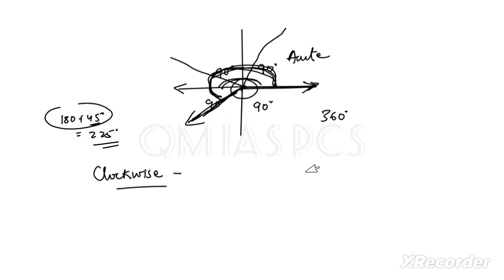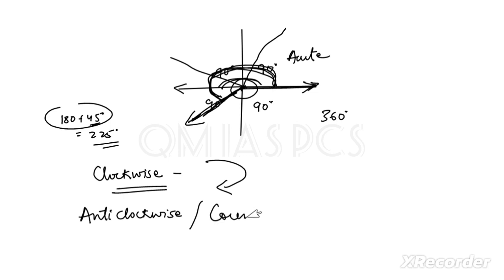So we can say this is the direction of the clock, and if the rotation is in this direction, it will be called clockwise direction. And anticlockwise, or counterclockwise, sometimes they will ask counterclockwise, so both are the same.